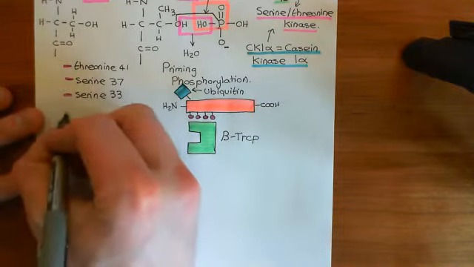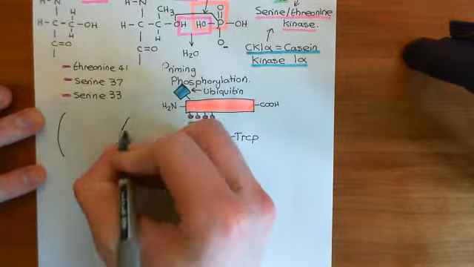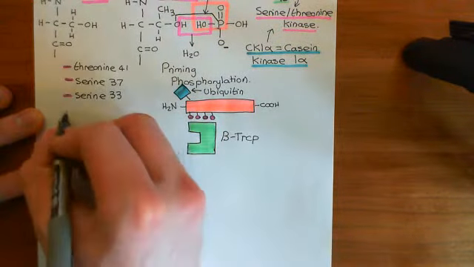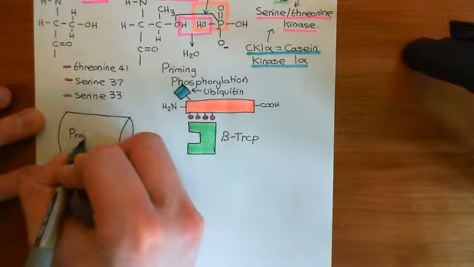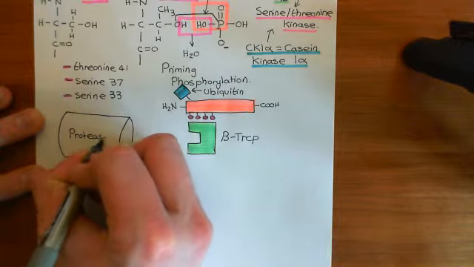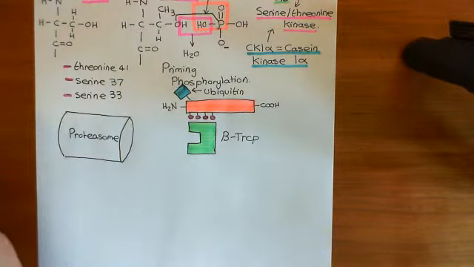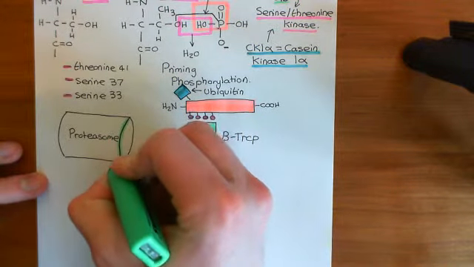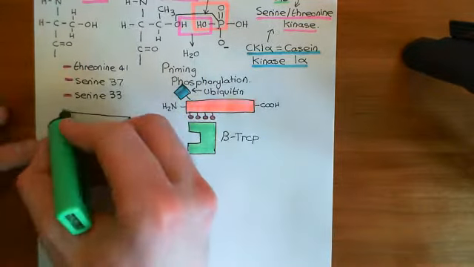It's going to get targeted to a truly terrifying structure in the world of molecular biology, okay, called the proteasome. So let me draw this here. So within the cytoplasm of cells, you have a structure called the proteasome, okay, and basically proteins go in one end and amino acid fragments, polypeptide fragments come out the other end.